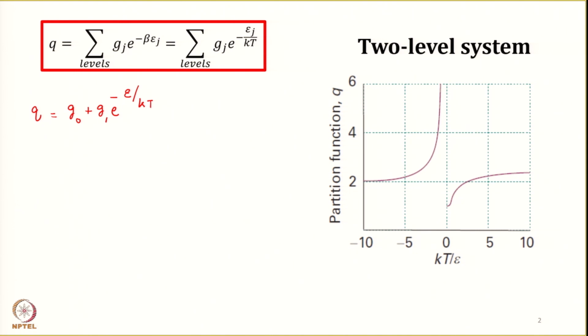If the system is non-degenerate, with non-degenerate energy levels, then Q can be written as 1 plus exponential minus E upon kT.